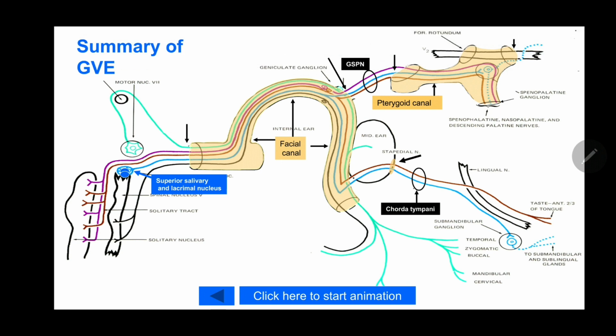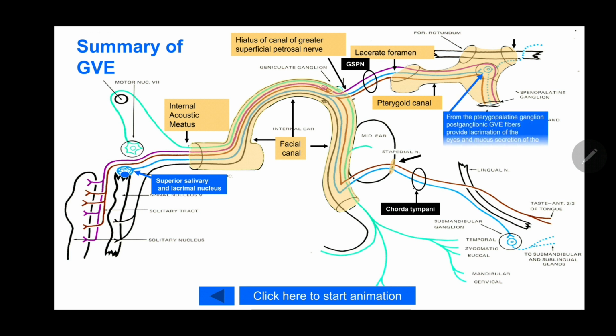Now just have a summary about this. Again, impulses arise here at the lacrimatory and superior salivatory nucleus. So the greater superficial petrosal nerve will cause lacrimation as well as secretions from the palate and from the oral cavity, mucosal secretions from the oral cavity and from the nose.